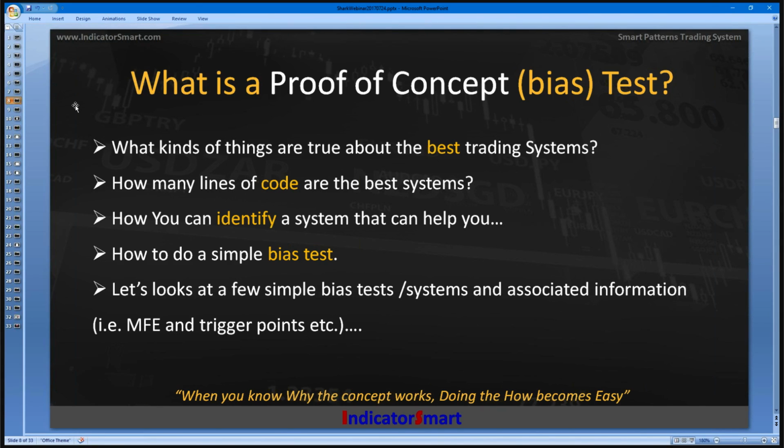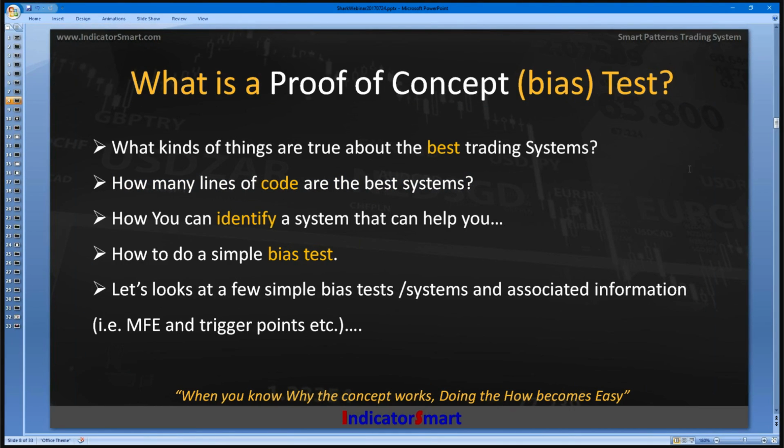And then a couple of lines for your stop. Usually the futures clearing firms don't like it if you're not running stops. And that's it. So basically 2 lines of code and a couple of stops. So how many lines of code? Basically, the best systems are very, very simple.